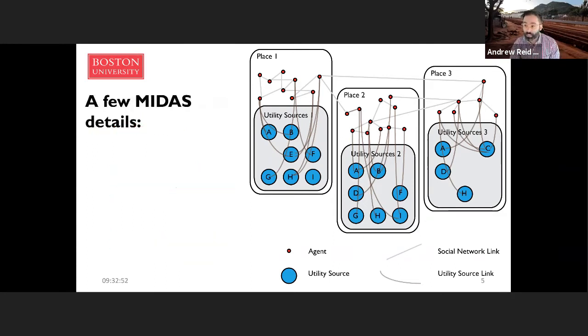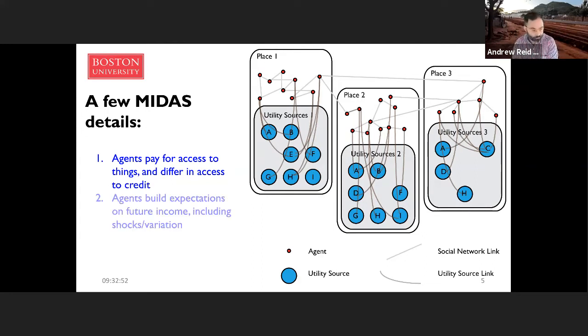Now, a couple of key details, things that we can get at that end up being important. So for instance, here, agents pay for the ability to access different things, much like you would pay to certify as a teacher or a lawyer or buy an asset that you need to run a business. And they differ in that degree of social capital, human capital, and their ability to access credit.